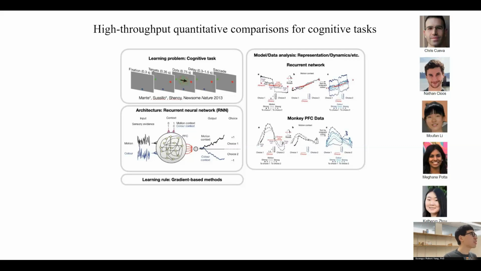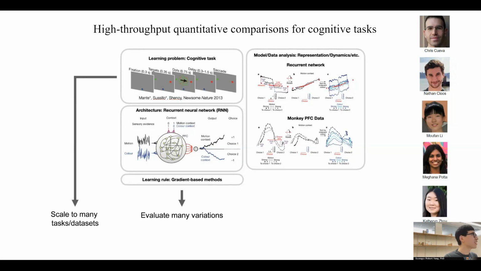So I've shown you this slide earlier, right, where we have essentially the classic paradigm. We have a learning problem, a neural network, and a learning rule. And we would get a model and compare that to data, right? Simple as that. Now let's just scale this up by looking at many data sets instead of one, right?